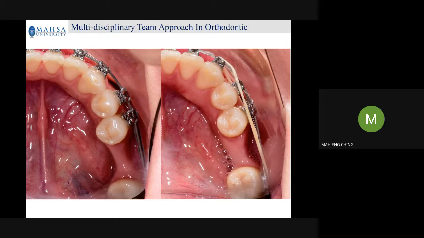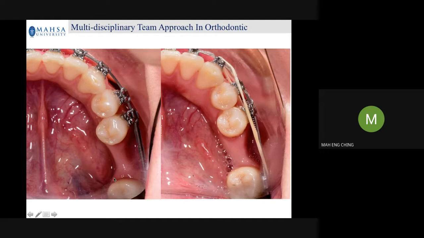No tooth, no bone. That's why when you extract the tooth, atrophy will happen, the bone resorption will happen. So we try to bring the teeth into the resorption or the knife edge ridge, then hopefully the teeth will bring the bone together. That's how we generate the amount of bone.